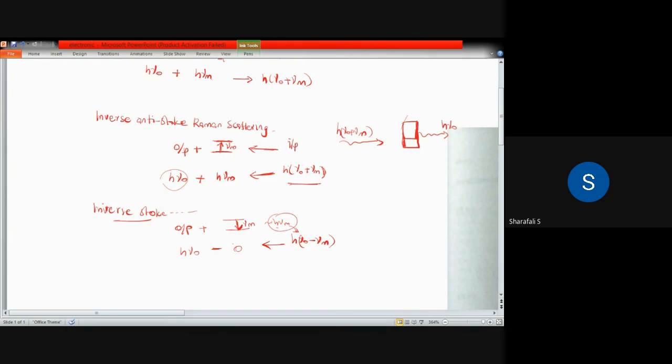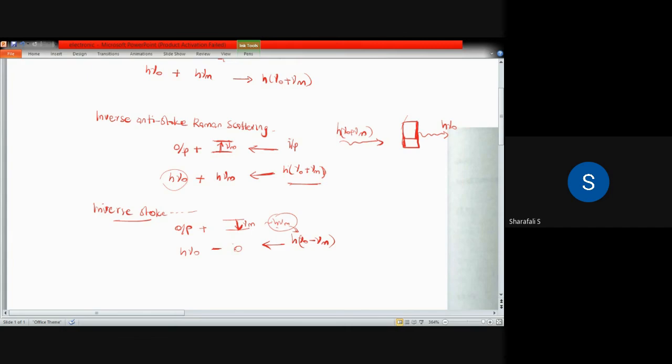The minus nu m and plus nu m get cancelled, and you will get nu 0 as your output. But here we have this h nu m which is used to go from the ground state to the excited state by the sample. So here an additional h nu m will be given by the sample, and the resultant will be 0.